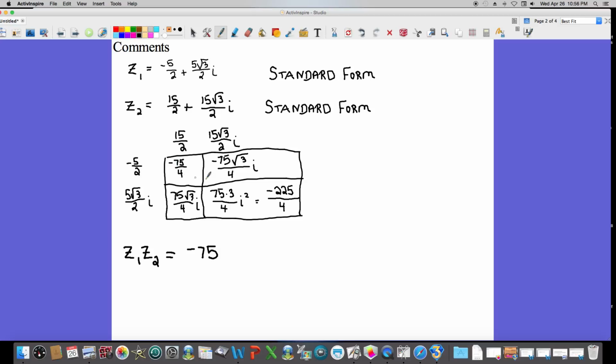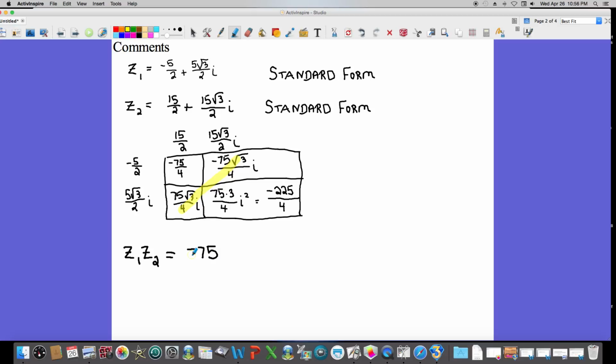When I multiply Z1 times Z2, the terms with my imaginary unit are equal and opposite, and they cancel. The negative 75 over 4 plus a negative 225 over 4 have a common denominator, and when you add those together, you just get negative 75.